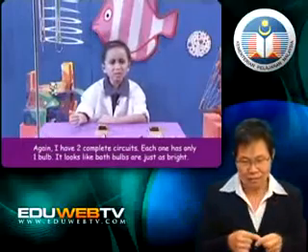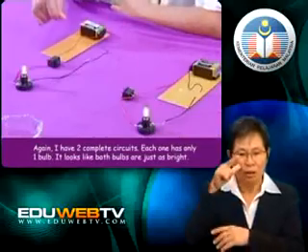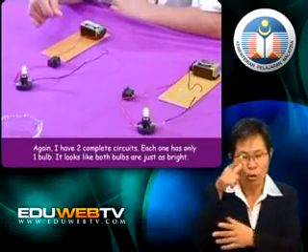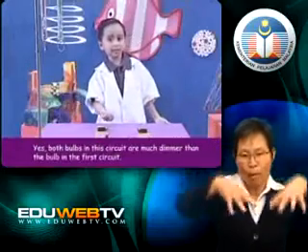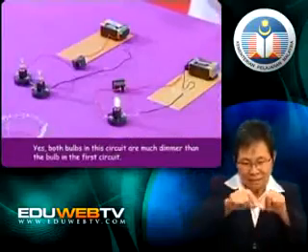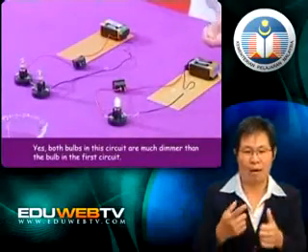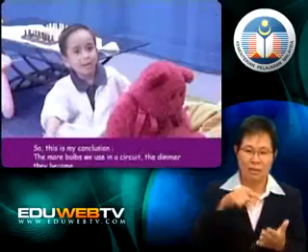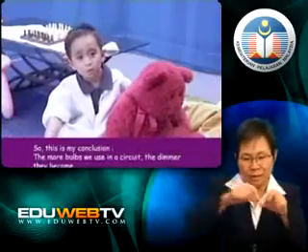What do you think will happen if I add one more bulb to the second circuit? Yes, both bulbs in this circuit are much dimmer than the bulb in the first circuit. So, this is my conclusion. The more bulbs we use in a circuit, the dimmer they become.